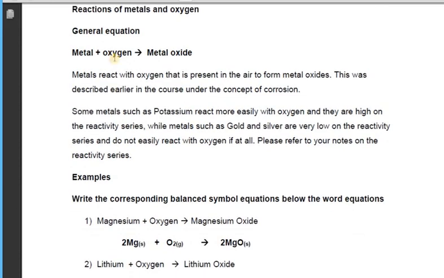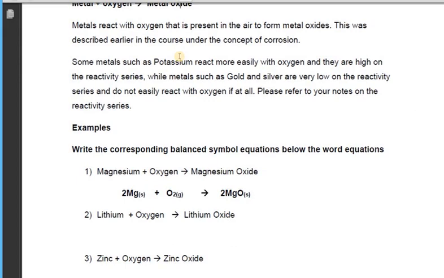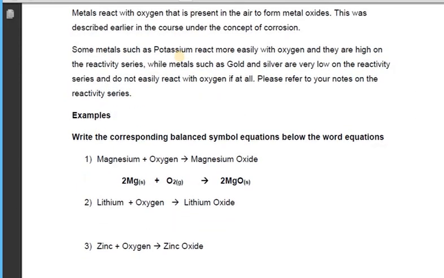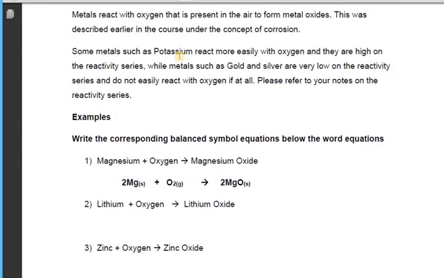That is the general equation for the reaction of metal and oxygen to produce metal oxide. The notes, I'm sure you can read those, but mainly we are focusing on how the reactivity series of metals gets to determine for us which metals are most reactive with oxygen and with water.